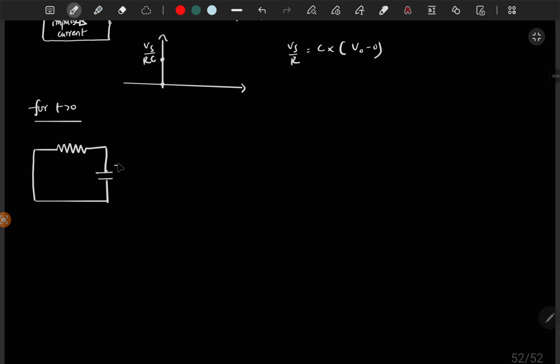So now for this the initial voltage is Vs by RC, and this capacitor will discharge exponentially. So this will discharge in 5 time constants, so 5 RC.